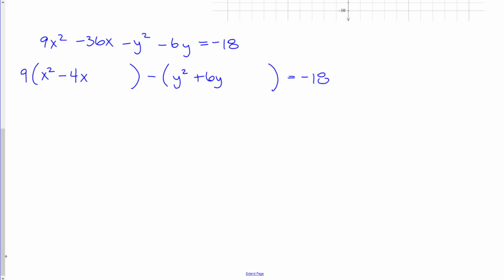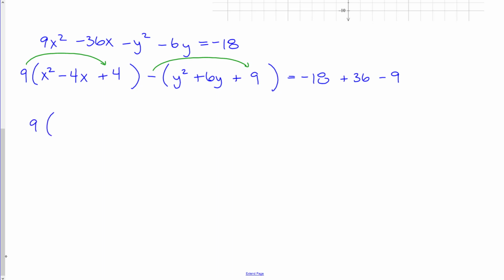So that becomes positive 4. Now, if I'm adding 4 here, what I'm actually doing to this side of the equation is adding 36, the 4 times 9. So on this side, I need to add 36. For the second set of parentheses, 6 divided by 2 is 3. 3 squared is 9. But in effect, because there's a minus here, I'm actually subtracting 9 from this side. So I need to subtract 9 over here.